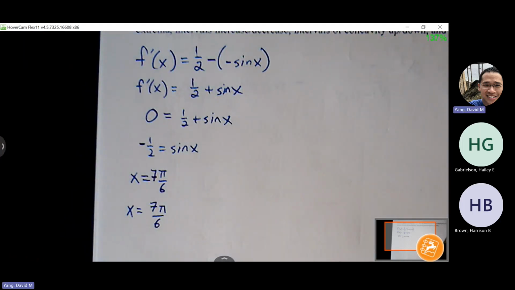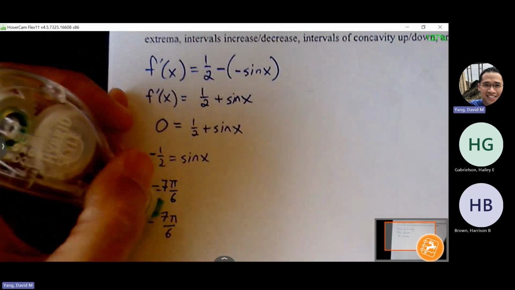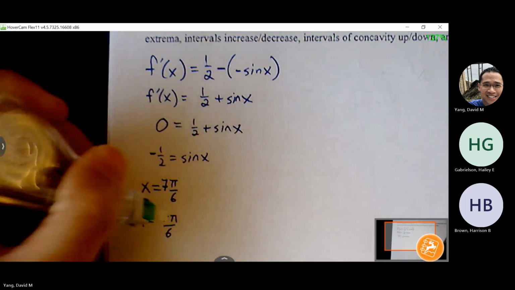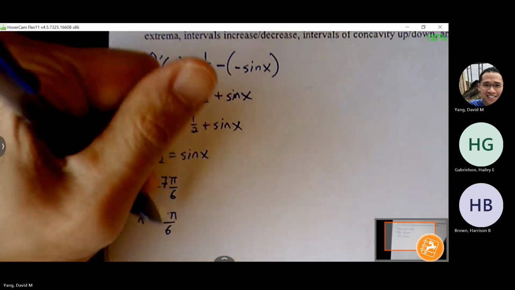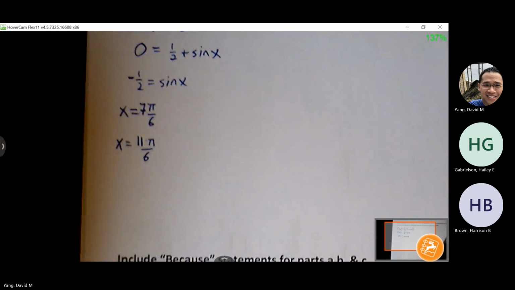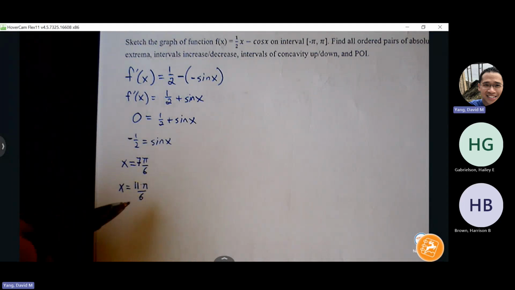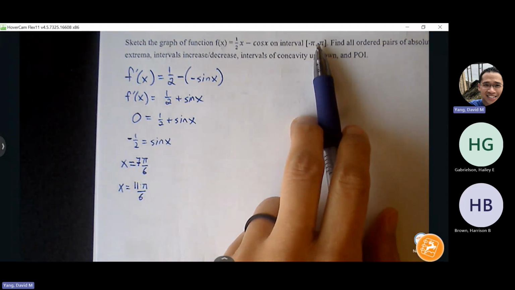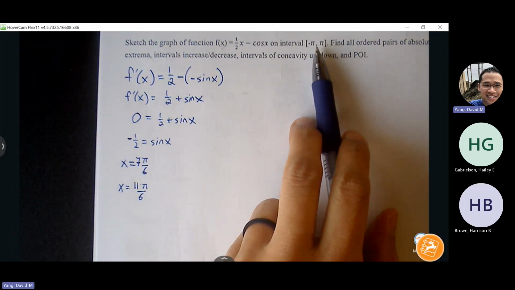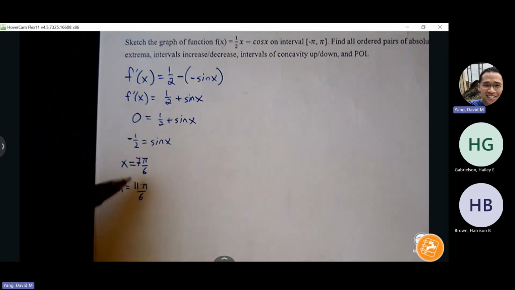So third and fourth quadrant, 7 pi over 6, 11 pi over 6. Now, we see that both of these values are not quite inside this interval here. We can find ones that are closer, that are going to fall inside the interval, or at least try to find ones inside the interval by subtracting 2 pi.